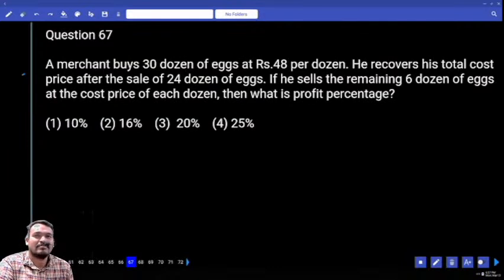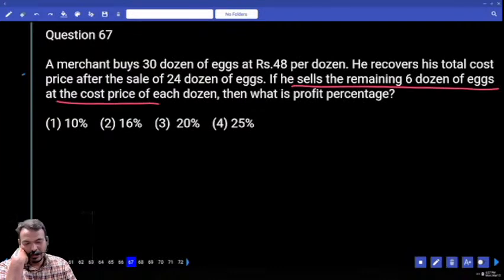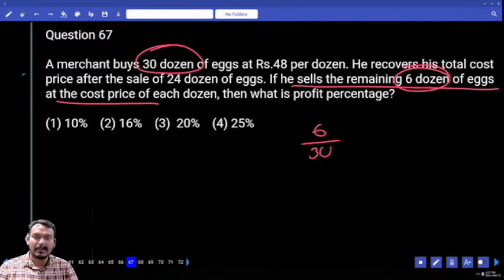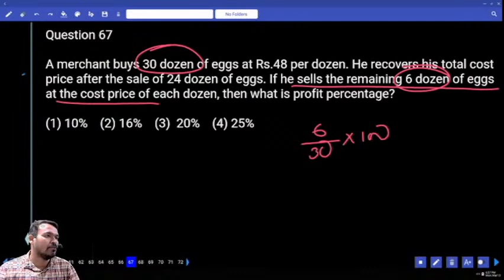If we sell the remaining 6 dozens at the cost price, obviously the remaining 6 dozens are profit. How many are purchased? 30. How many are profit? 6. Then 6 upon 30 multiplied by 100. 6 by 30 means 1 by 5. What is the percentage? 20% profit.